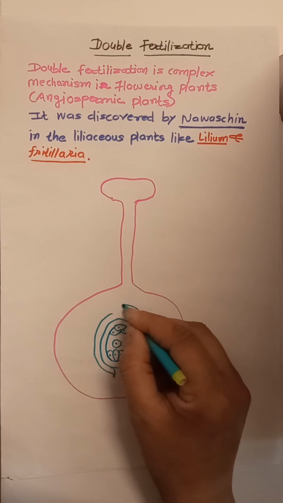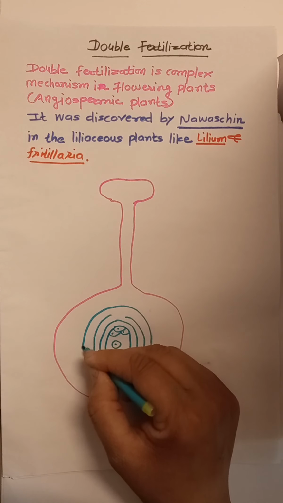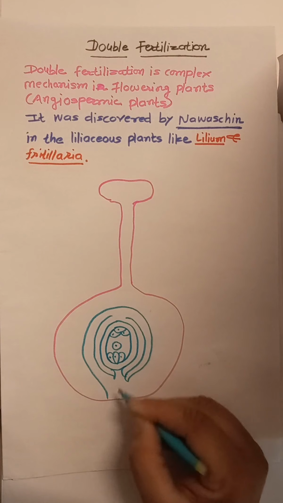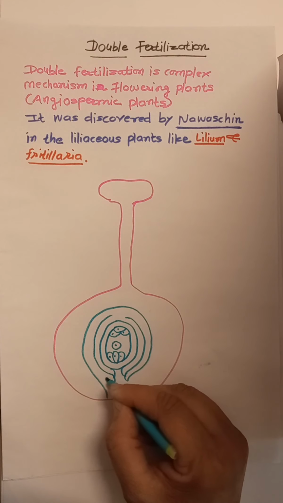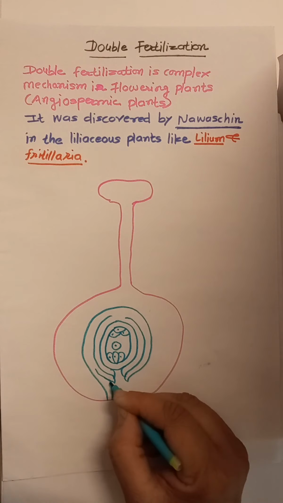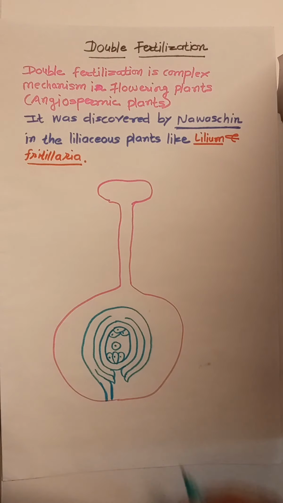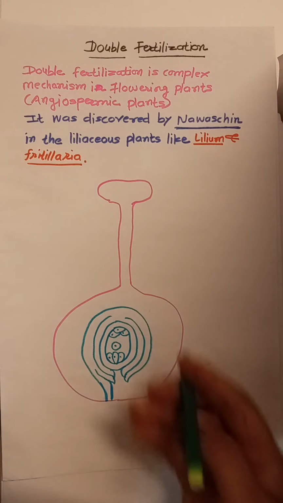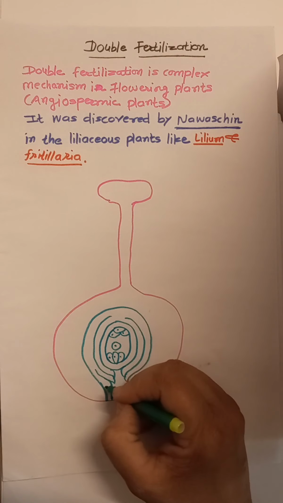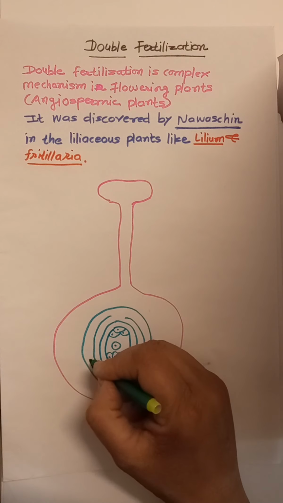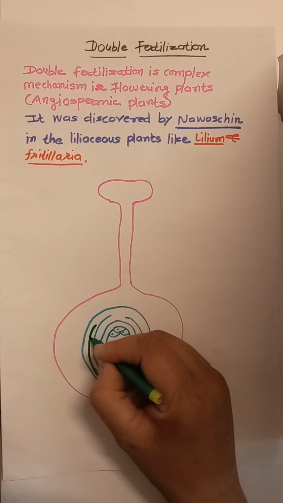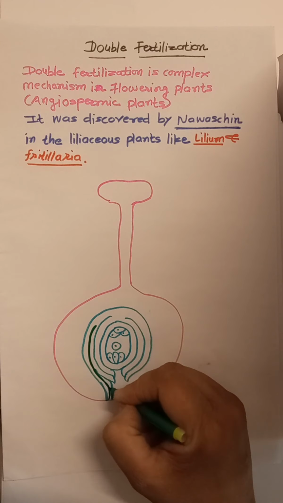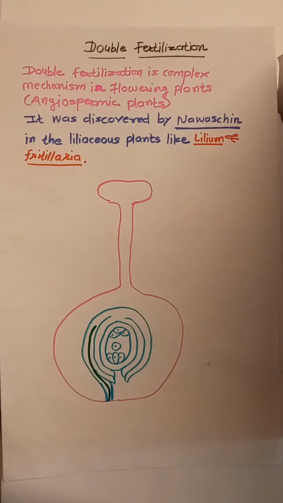This is stalk of ovule, that is funiculus, and funiculus continues in the ovule. So this part is called as raphe. So this is anatropous ovule.